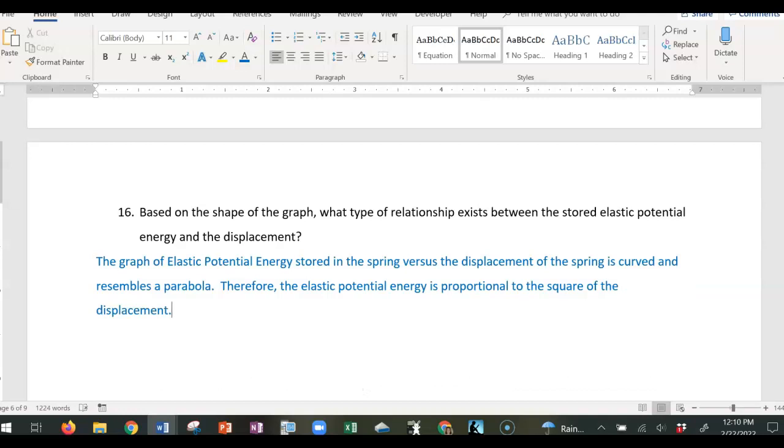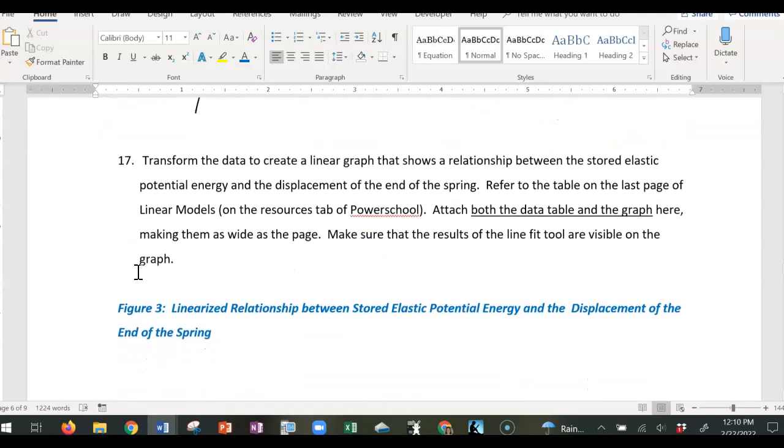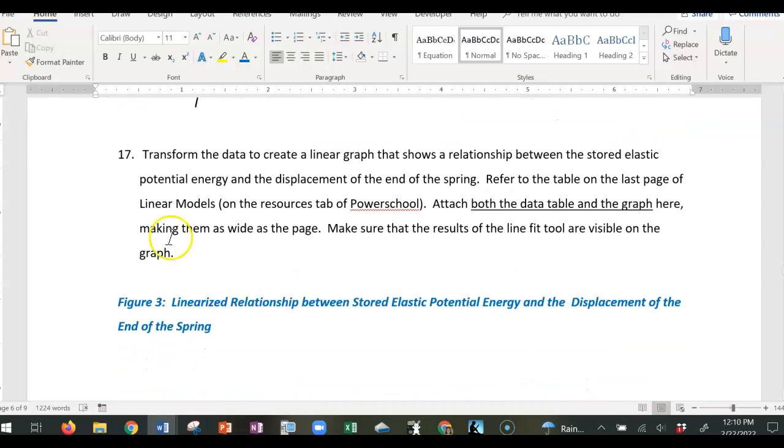A parabola has the apparent equation y equals some slope times the square of x. Our x variable in this graph was the displacement of the end of the spring, and our y variable was elastic potential energy, so that means that elastic potential energy is proportional to the square of the displacement.